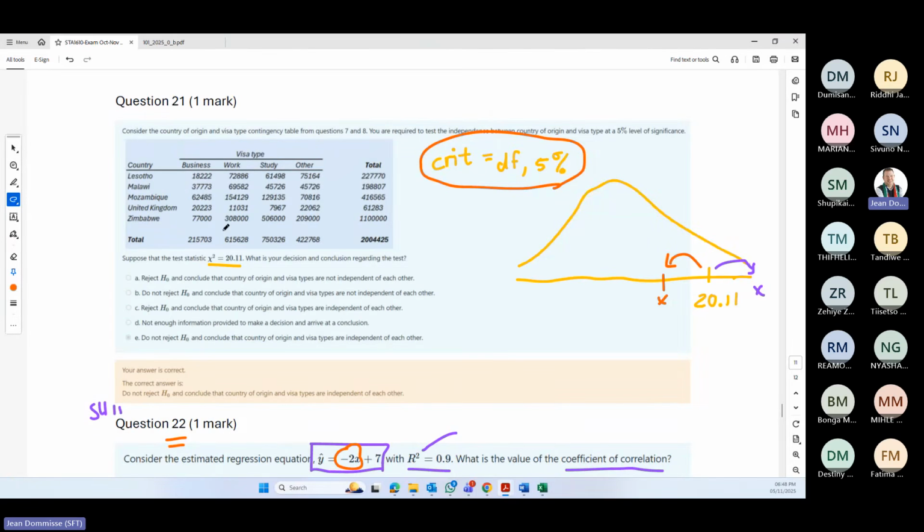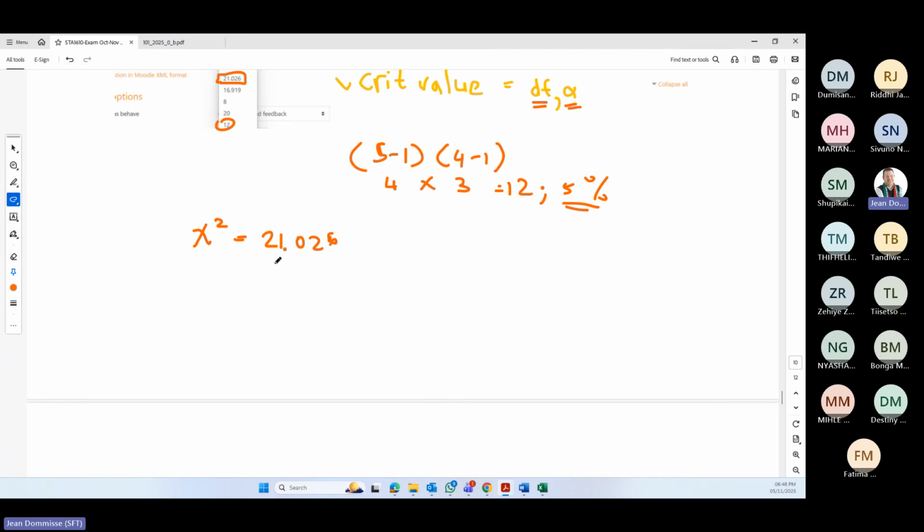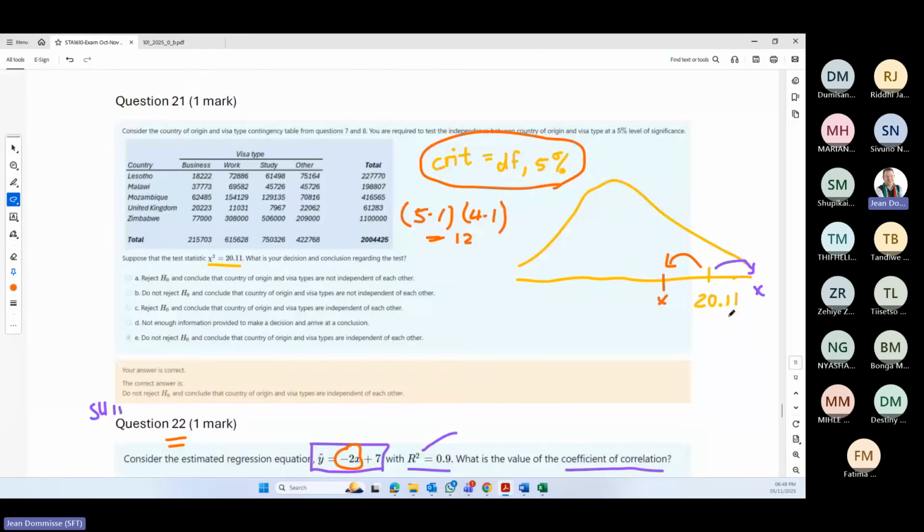So it's 1, 2, 3, 4, 5, 1, 2, 3, 4. That was actually the 5 minus 1, 4 minus 1, which gives 12. So we could actually have used 21.026.